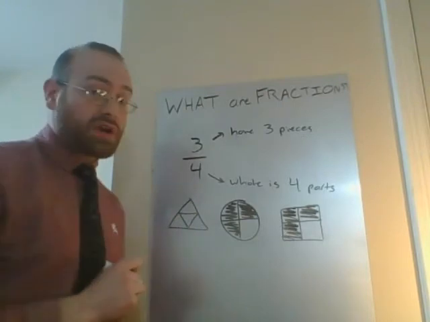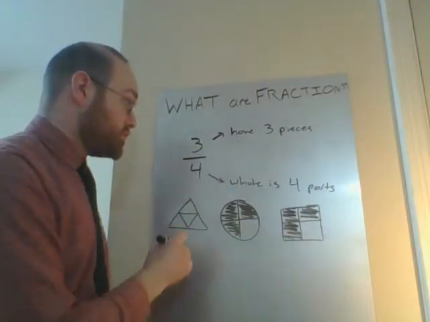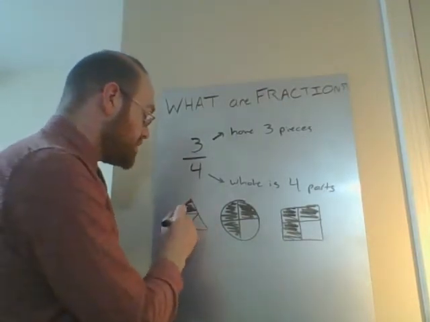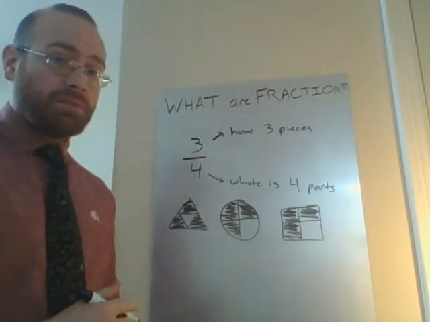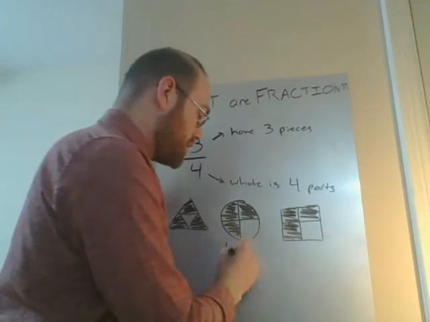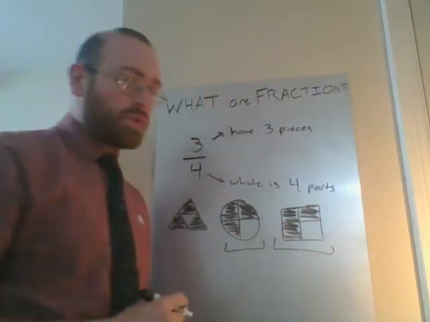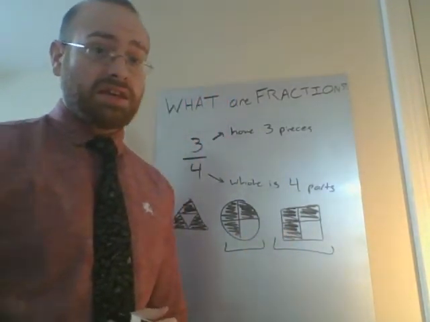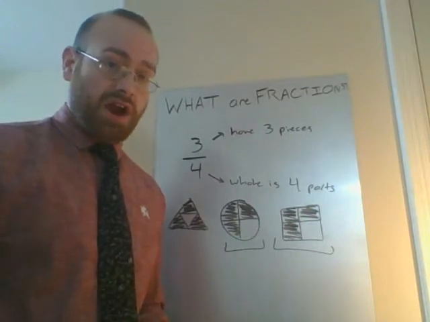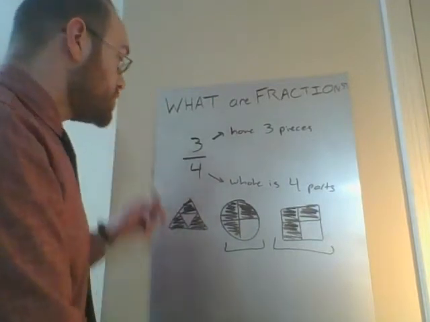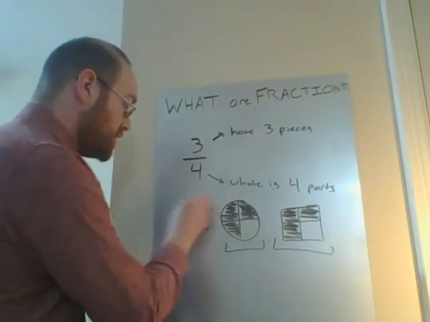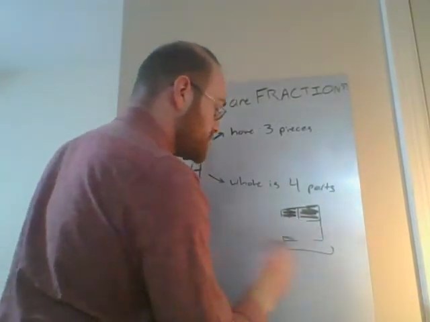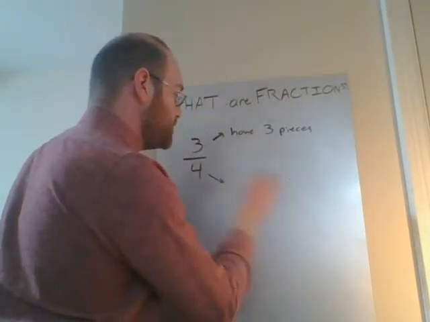An equilateral triangle divides nicely into 4 parts, and then if we shade 3 of them, you get this cool little picture. But generally speaking, circles and squares or rectangles are going to be the easiest to represent a fraction. And of course, we can go from a fraction to a picture.